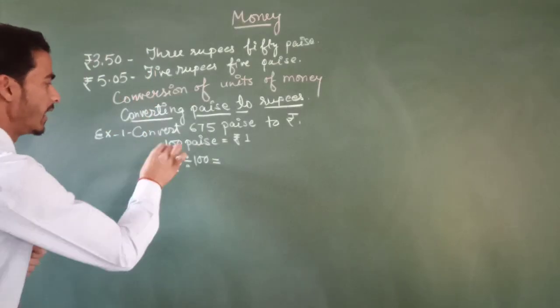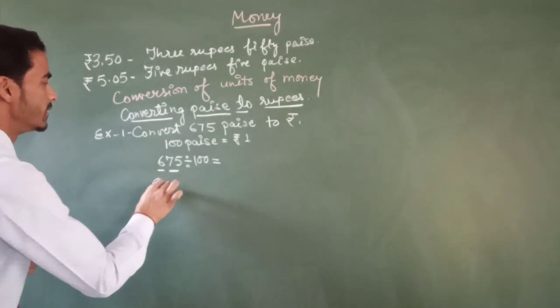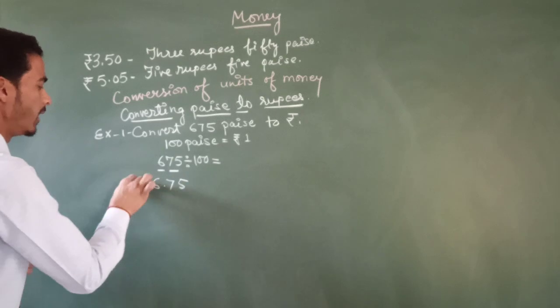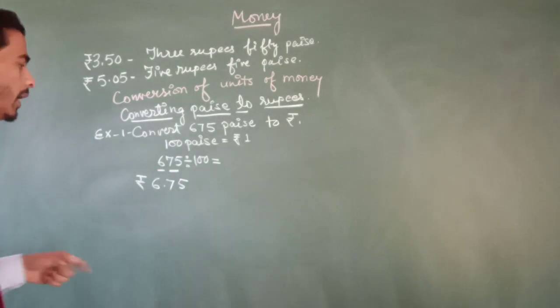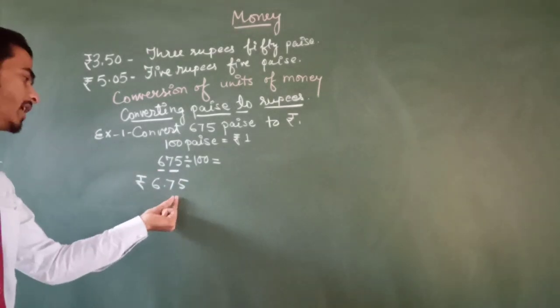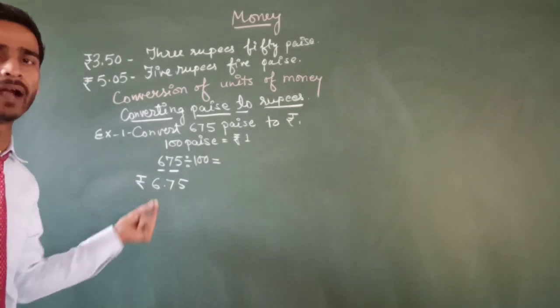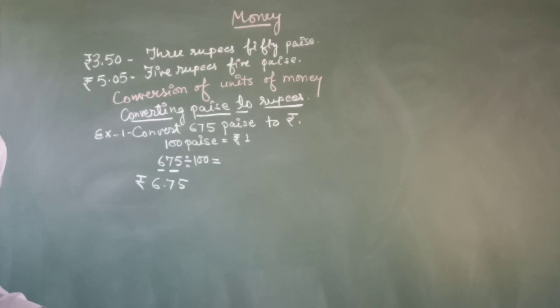So we can say that it is 6 rupees and 75 paise, and we separate it by a decimal. After the decimal is the paise part, and before the decimal is the whole part, that is the rupee part.